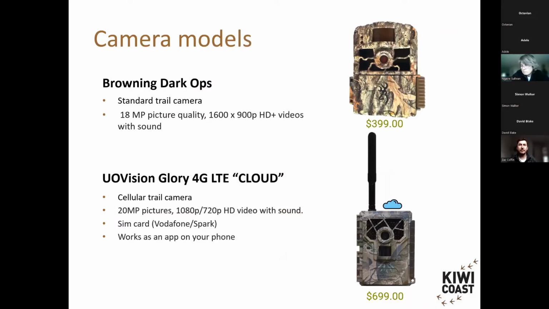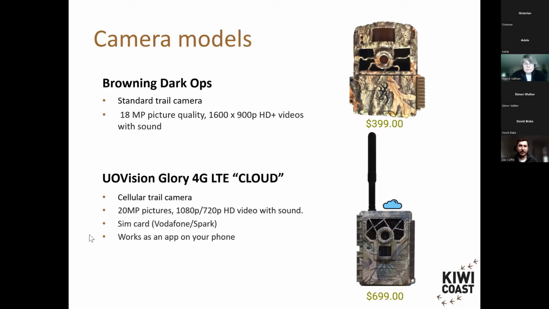So 2 models, and there's obviously a plethora of cameras and everyone trying to sell their stuff out there, but just 2 I'm going to touch on. The Browning Dark Ops, this is the one we're using out at Heads. Standard model is a great point and shoot camera, basically, and while prices are steep, so I've put them in here, buying in bulk and on special, you can find a lot cheaper.